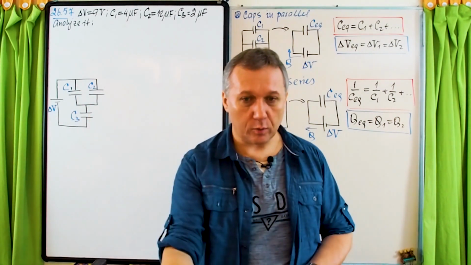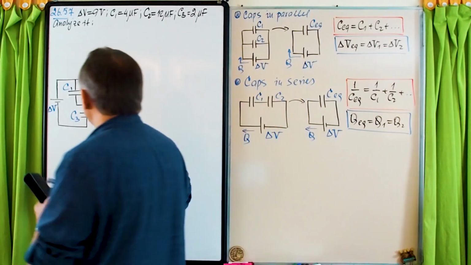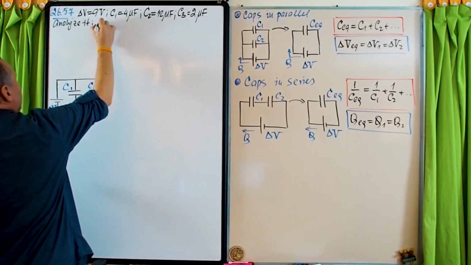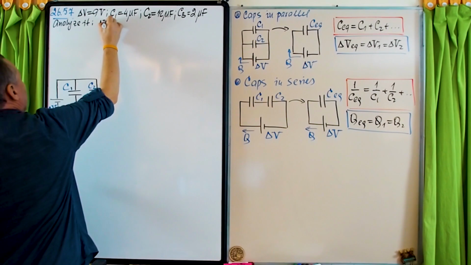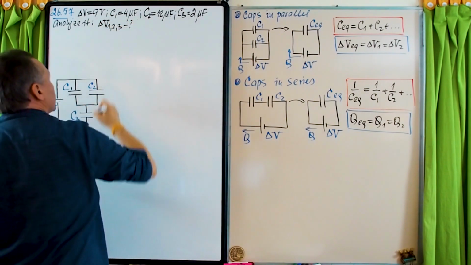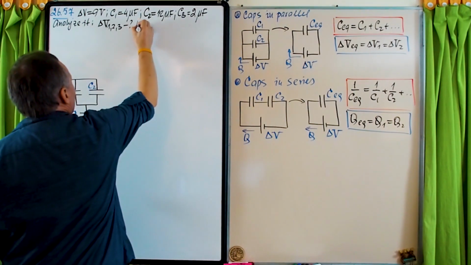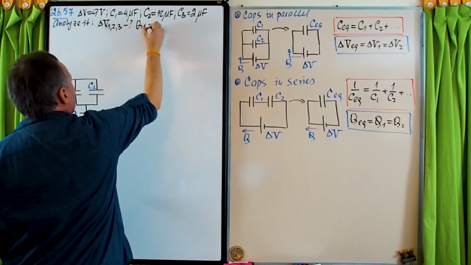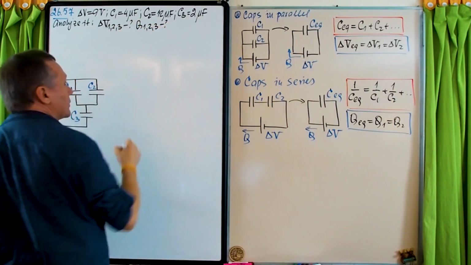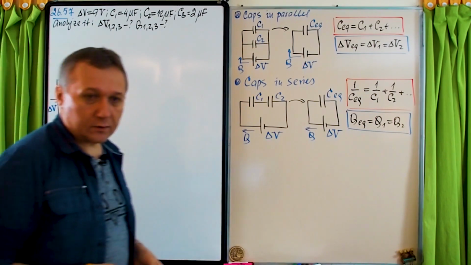We need to find all delta V's, 1, 2, 3, and all Q's, 1, 2, 3, the charges in each of these capacitors. Okay, so that's the problem.